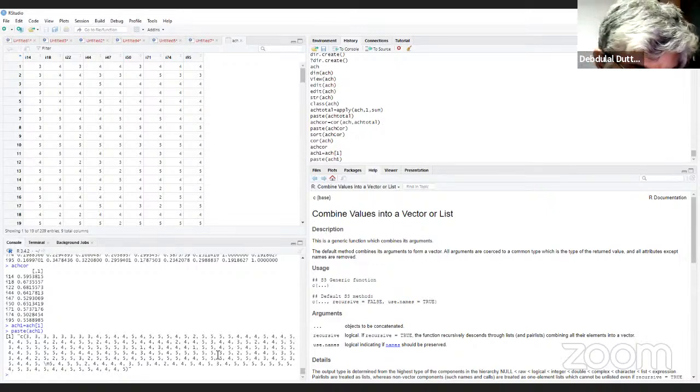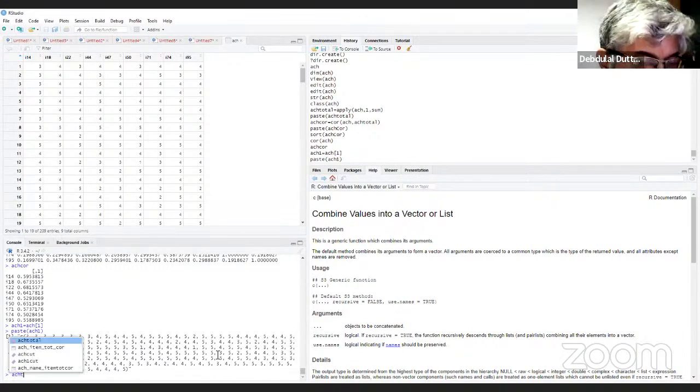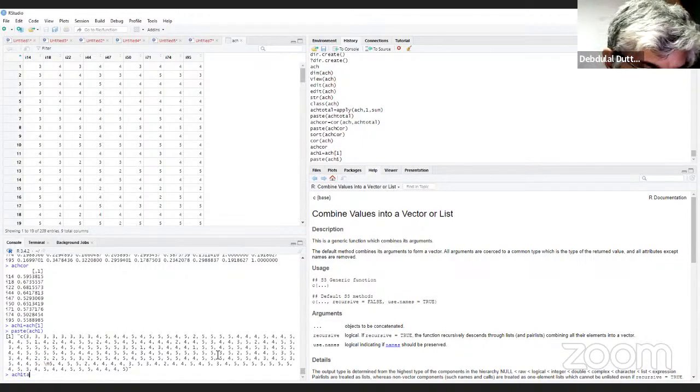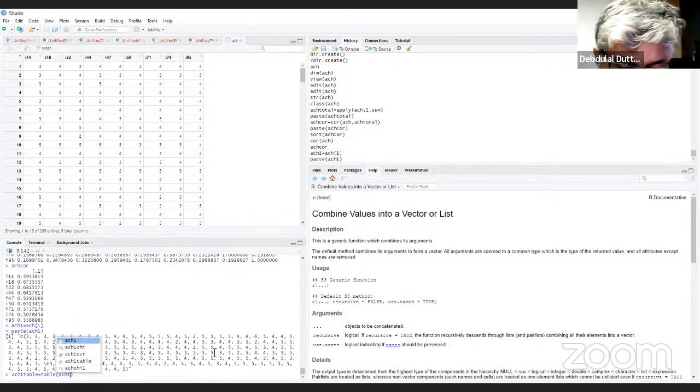After that, we can write down h1 table. Whatever comes to your mind, you can make this vector. I'm just writing this one, that's all. So I can write table in bracket h1.